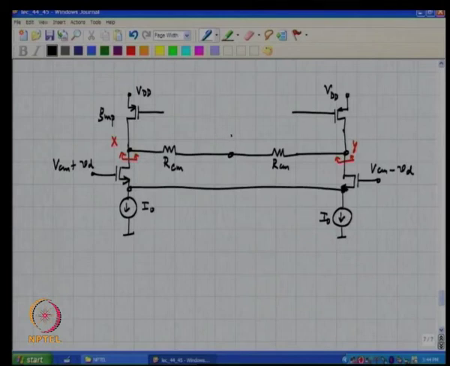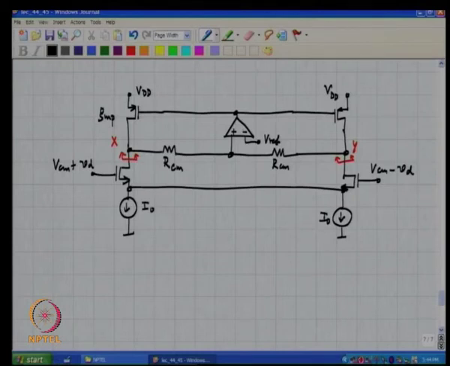Now what are we supposed to do? We compare this with a reference, okay. So Vref, and then do what? This must be connected to the gates, and which must be the positive terminal of the op amp? The left side of the op amp must be the, right.